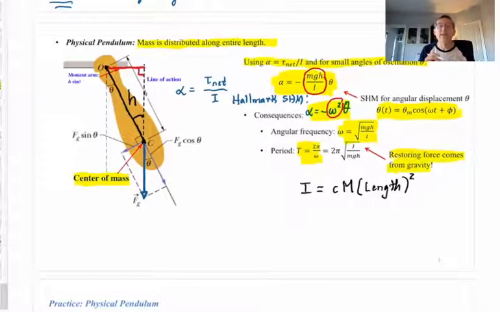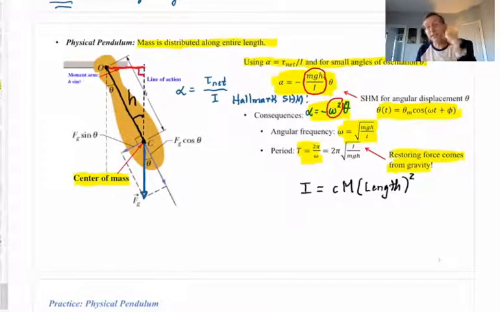Now, one of the things that's kind of handy about a physical pendulum, and we've done lab exams on this and sometimes lab experiments on this, is that you could use a physical pendulum as a device for measuring the value of little g wherever you are.